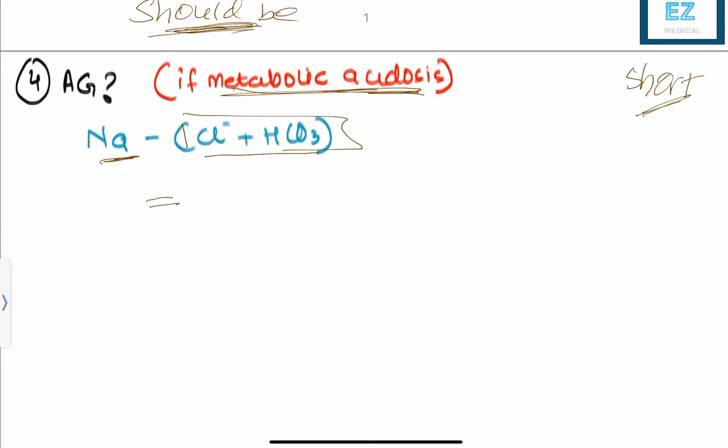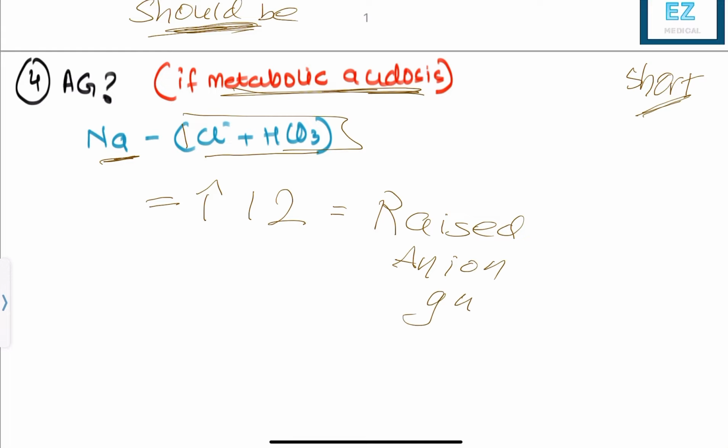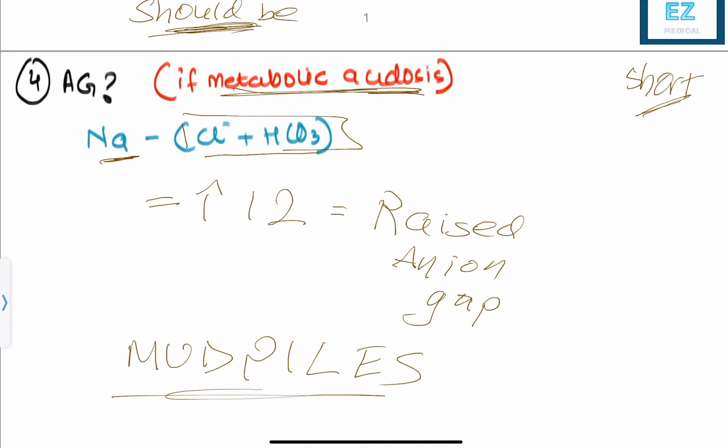And if this value is more than 12, this is a raised anion gap. And this could be due to any unmeasured anions that are present in the body, such as our mnemonic MUDPILES. And you can refer to the YouTube short about what each anion is in this mnemonic.